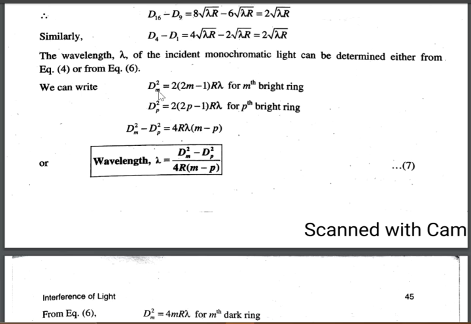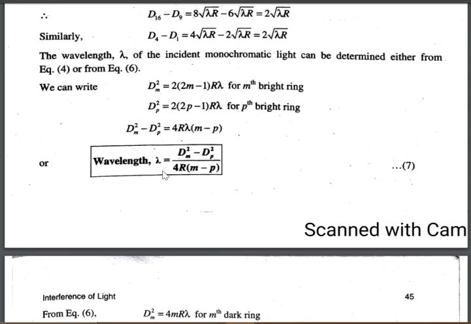We can write dm square as 2 into (2m minus 1) into R lambda for the mth bright fringe, and dp square for the pth bright fringe we can write as 2 into (2p minus 1) into R lambda. Now take the difference. dm square minus dp square is, taking 4R lambda as a common factor, (m minus p).